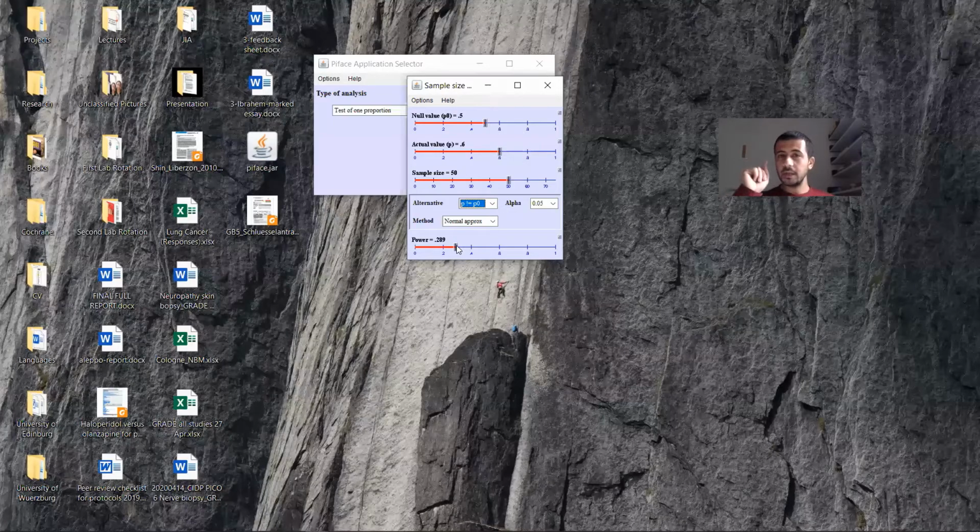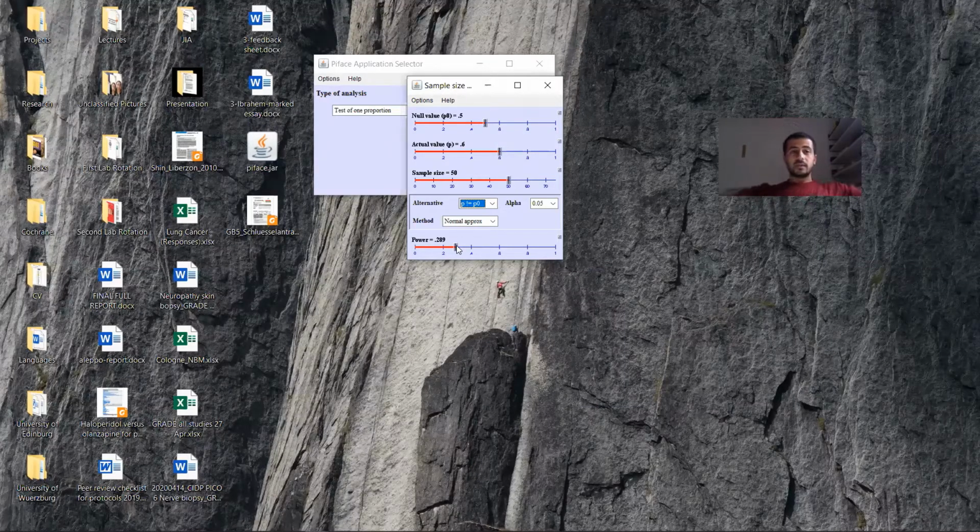Do you remember the definition of power? It's the probability of getting the difference if there is actually a difference. So if there is a difference and I don't get it in 20%, it is okay. But if I don't get it in 50%, this is not a study. This is a game.